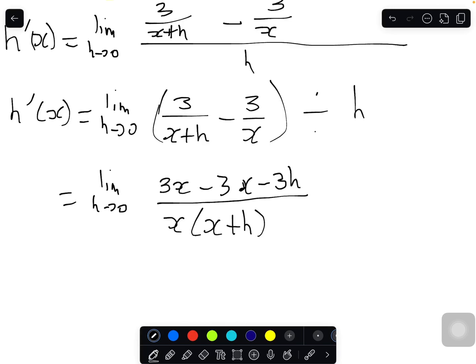We can also do the reciprocal and say that this is times 1 over h.